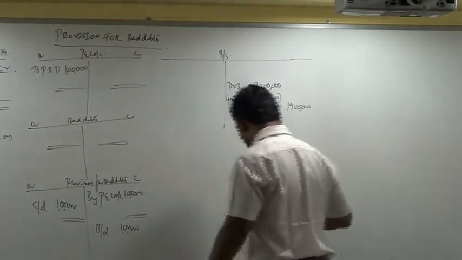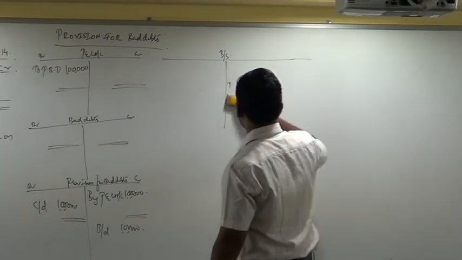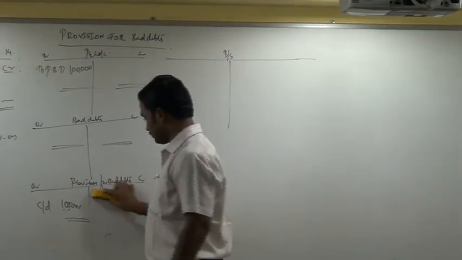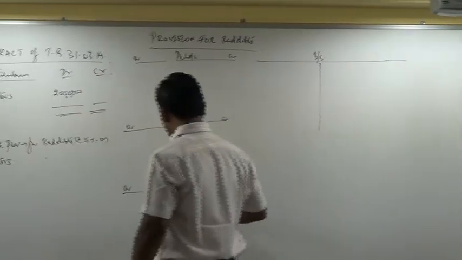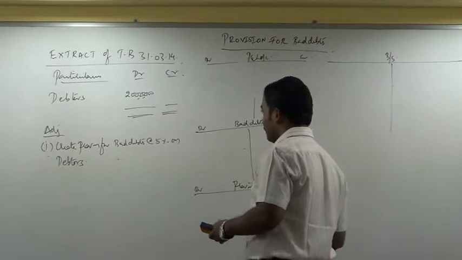Particulars, debit, credit. Now this is trial balance for 2015 which I am giving you now.